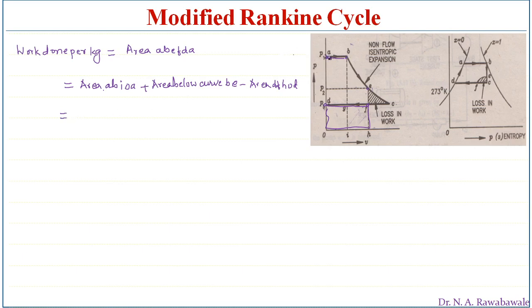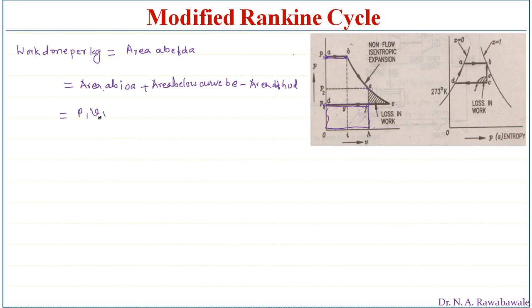AB means this is the distance which we call, say for example, this is pressure P1 and this is volume V1. P1 is the pressure, V1 is the volume.